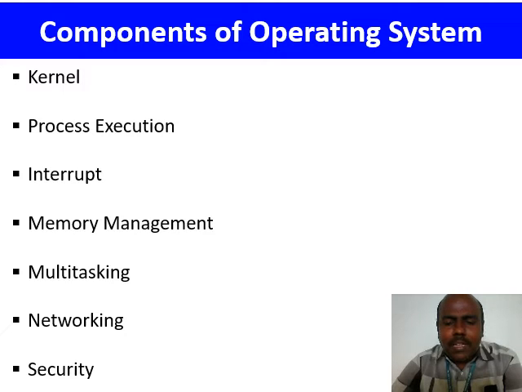And the fourth thing is memory management. This functionality of the operating system manages the main memory and moves processes backward and forward between the disk and main memory during execution. It tracks each and every memory position, whether it is assigned to some process or open.